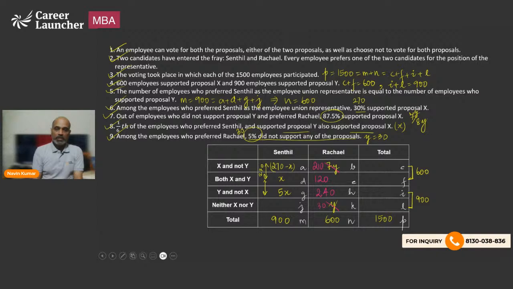The next part is looking at this particular column, which will give us 270 plus 5x plus j is 900. And then looking at this particular row, we can say it's the same thing, right? It's the same thing.